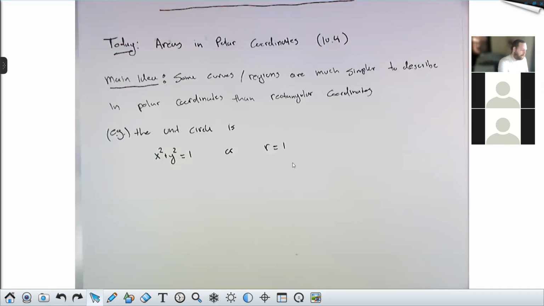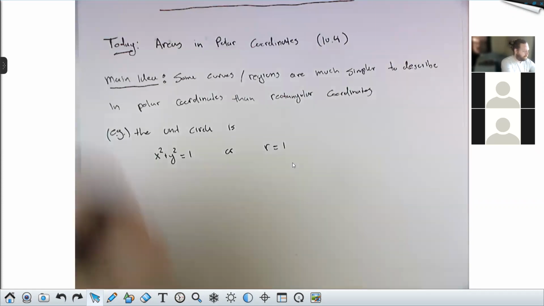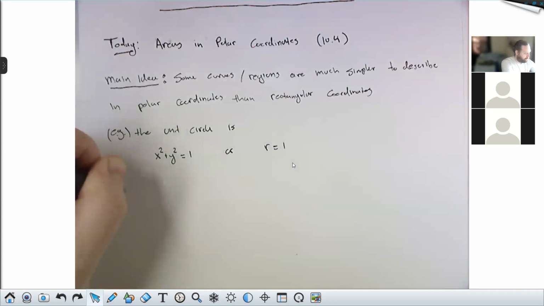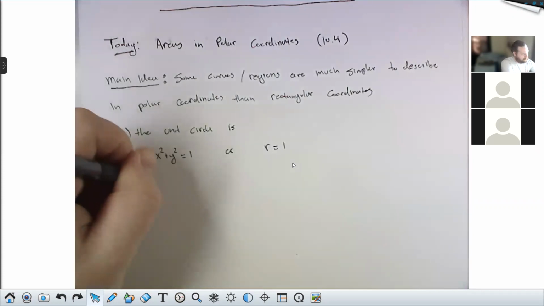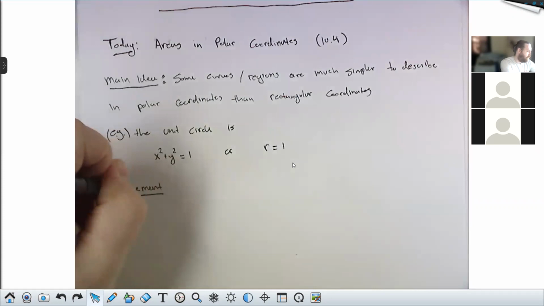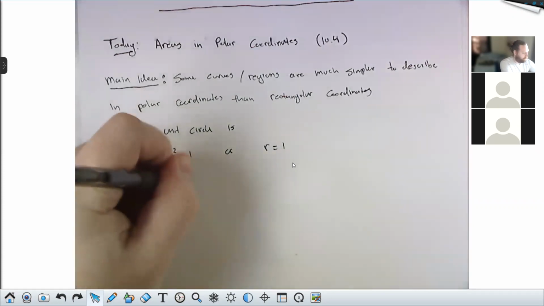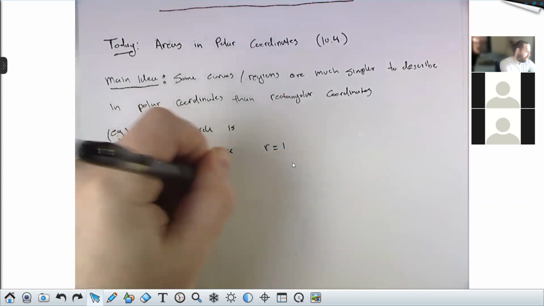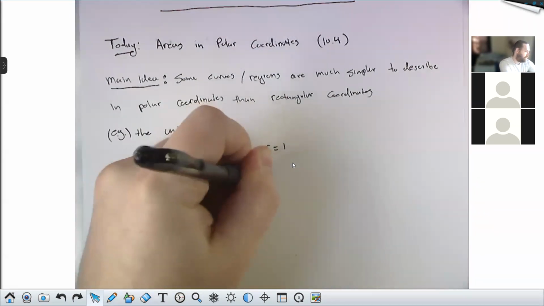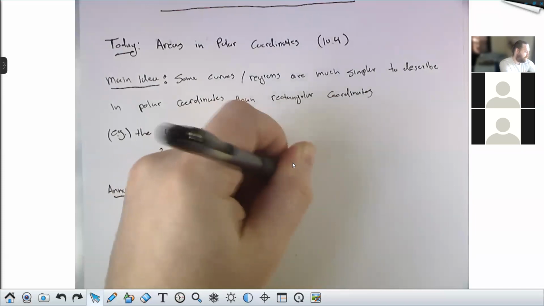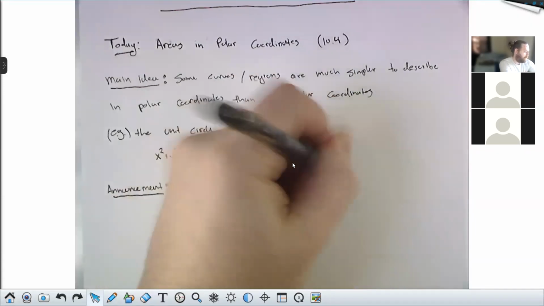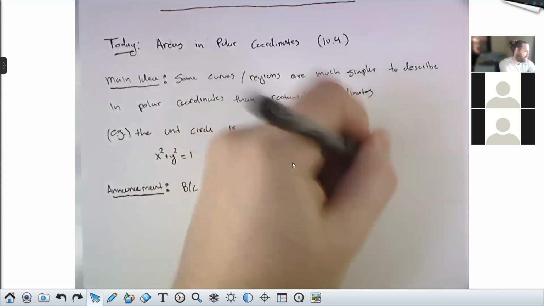Okay. There was a question in chat about the study guide. Because test 3 is a take home, let me sneak this in as an announcement. Normally test 3 would get its own study guide, right? But because test 3 is a take home, it will not have a study guide.